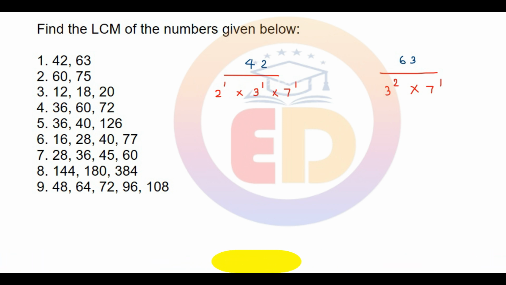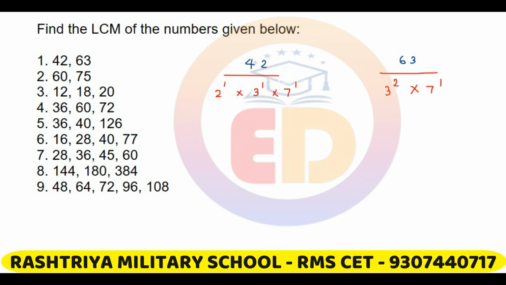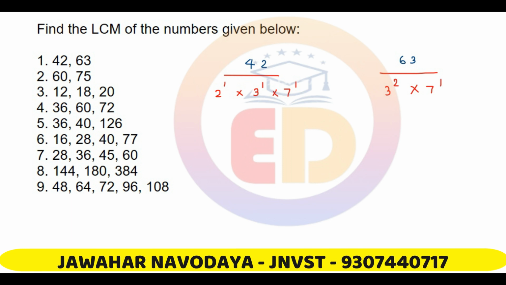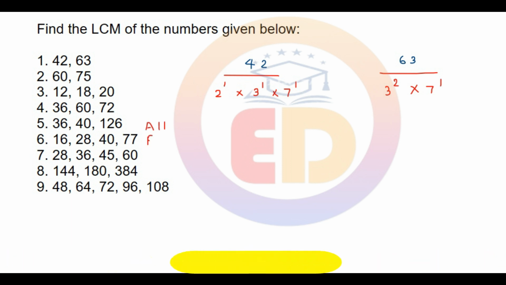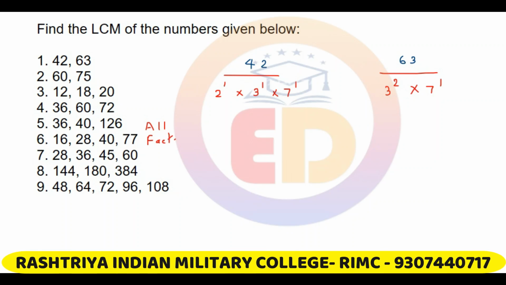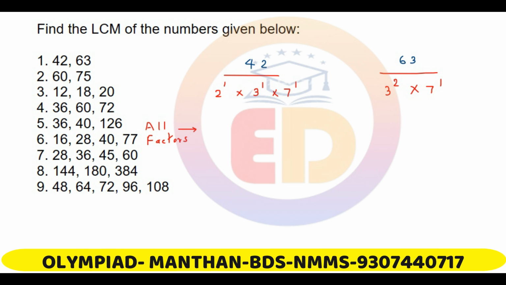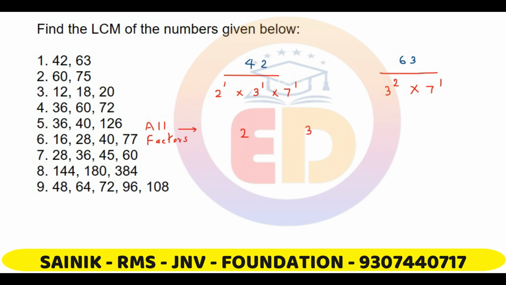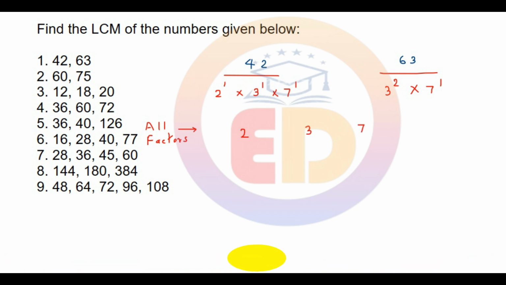You find out the prime factors and write them down in the power form. Now in the second step, you take all the factors. Now all the prime factors here are 2, 3 and 7.